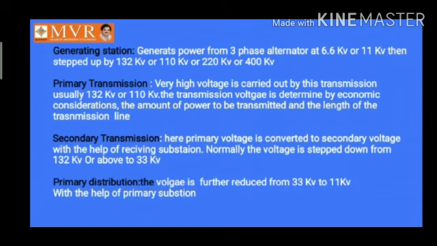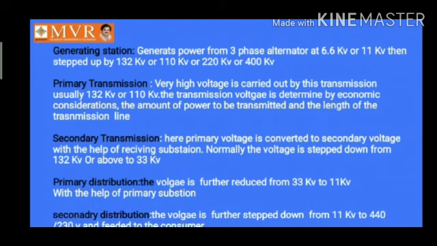Next, after secondary transmission, it comes to primary distribution. Here also we step down the voltage, from 33 kV to 11 kV.